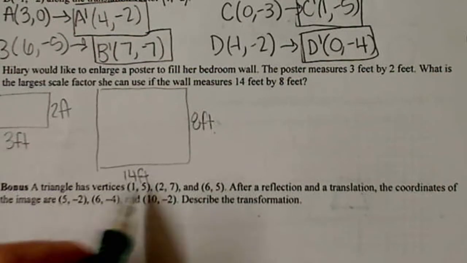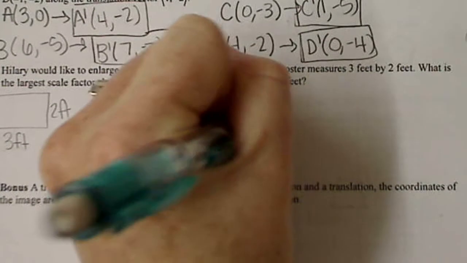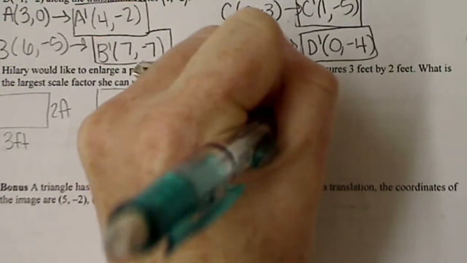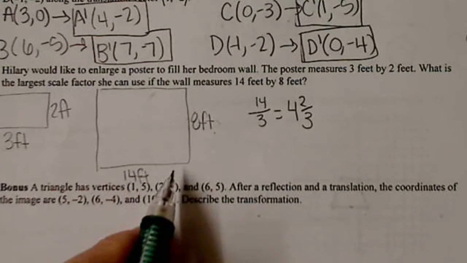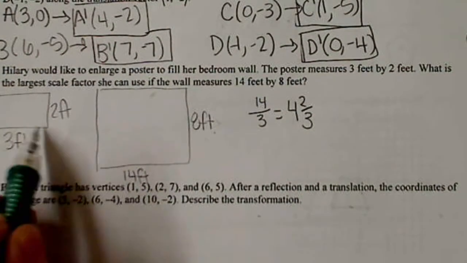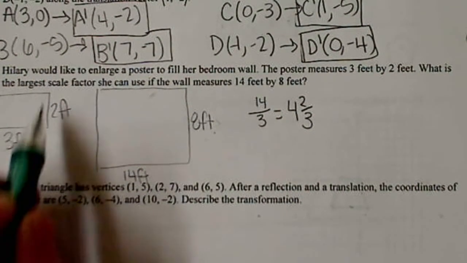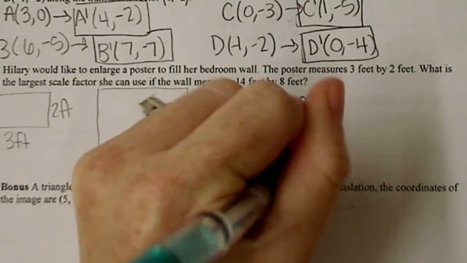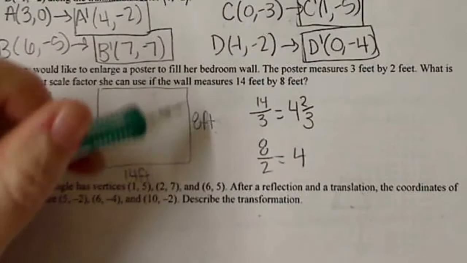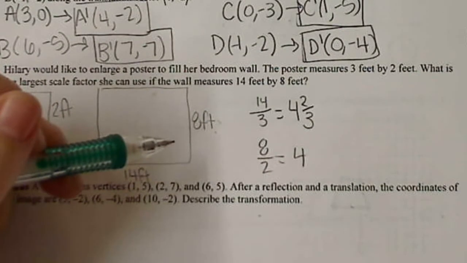So if I compare these two, 14 over 3, I get 4 2/3. Okay, that means this side of the wall is 4 2/3 larger than this side of my poster. If I compare the heights, 8 over 2, I get 4. So this is only 4 times larger.